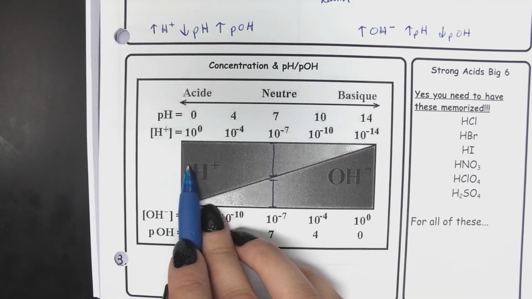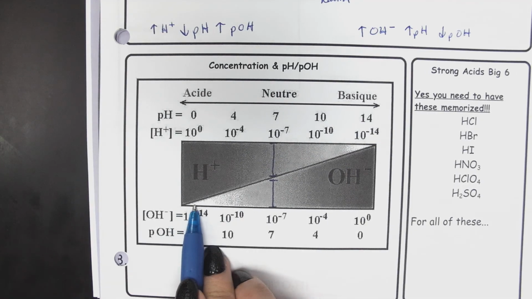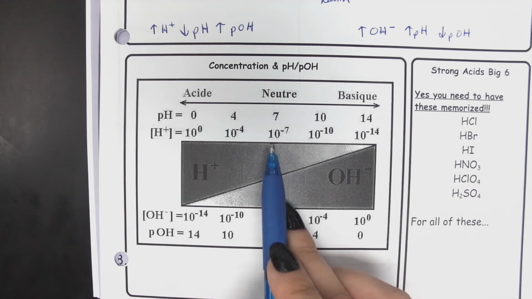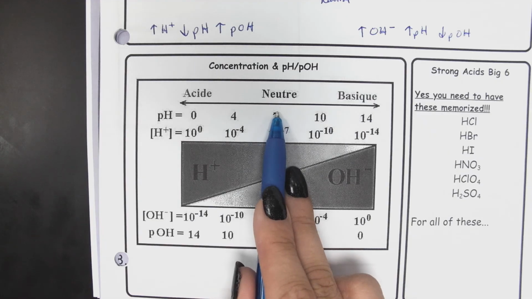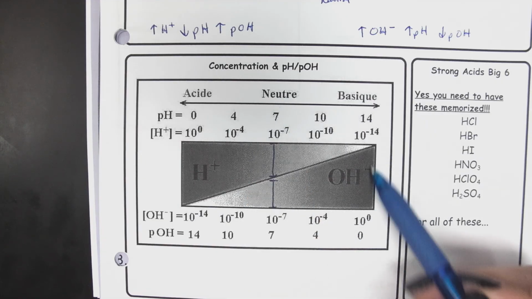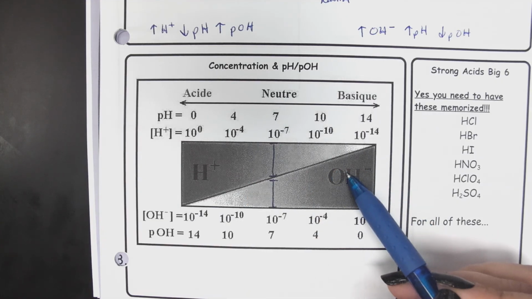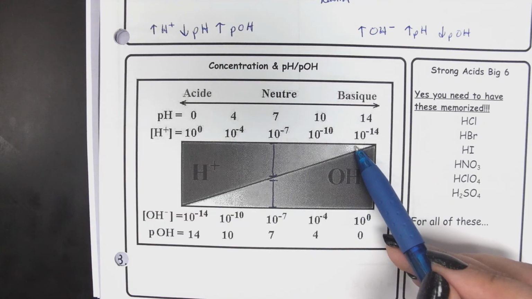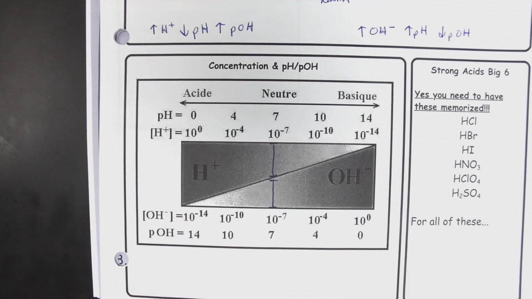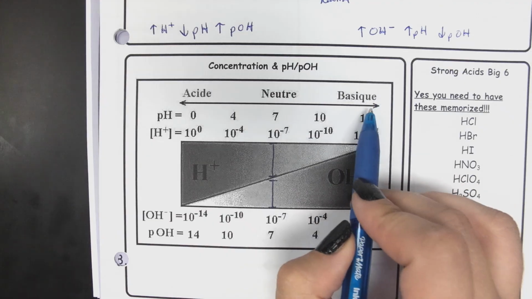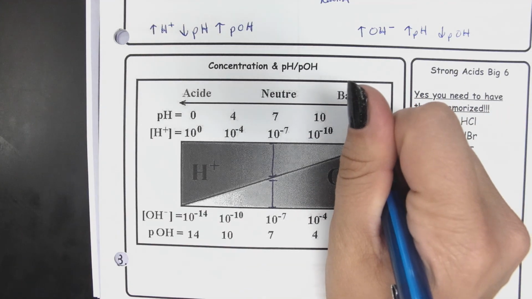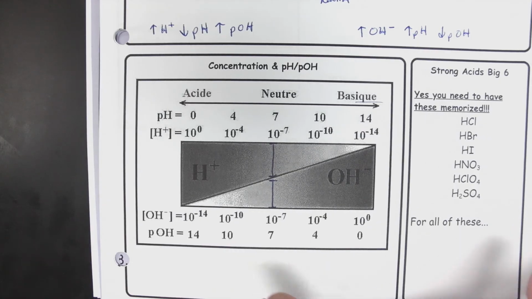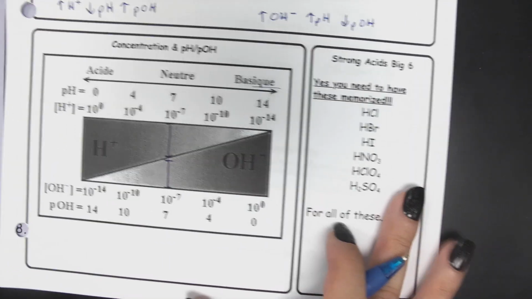So there's a lot of H plus, there's a small amount of OH minus. Then they're equal, we have the same concentration, and they have a pH of 7. And then when we have a lot more OH minus, this hydroxide, and a small amount of H plus, then it's basic. Oh my goodness, I added this image. I've never seen it spelled like that before. Cool.